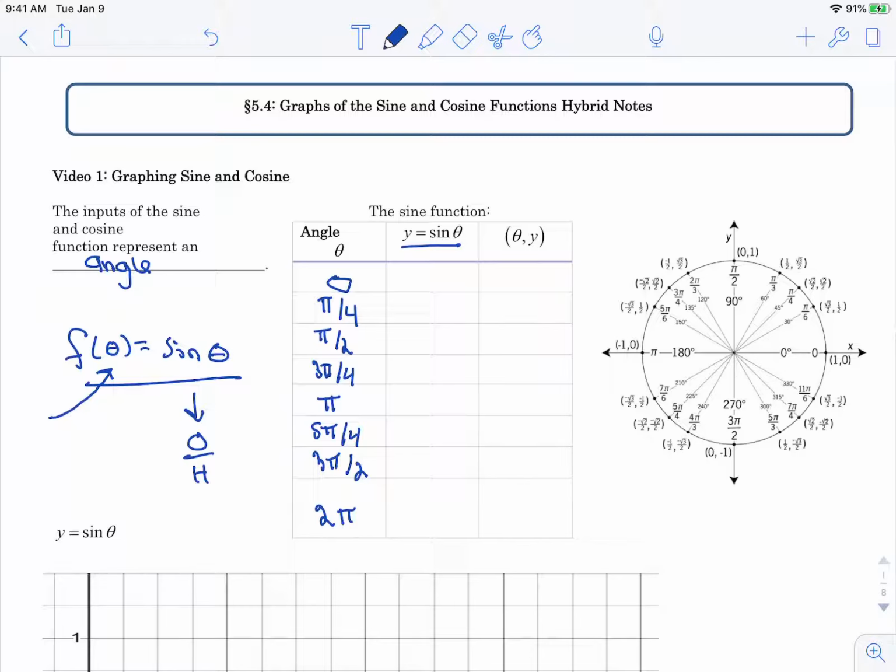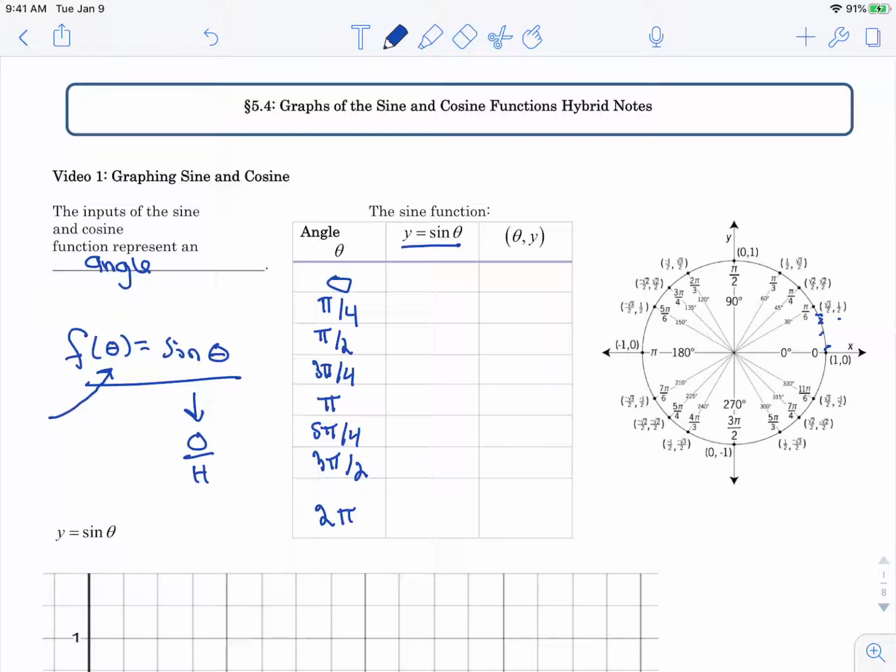You can choose any angle you want, right? I could have even chosen angles between 0 and pi over 6, in other words, angles smaller than 30 degrees. But they're not on my unit circle, so it's going to be really hard for me to plot. Those values do exist. It's just very hard to find the exact value, like we can using special right triangles.